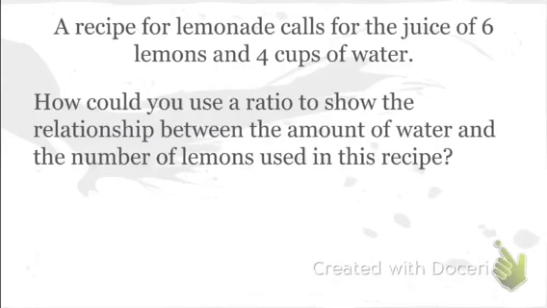So what did you get? You may have created a ratio, and I'm hoping you did, using some key numbers here. We have the juice of 6 lemons, 4 cups of water. So you could have said the ratio for this delicious lemonade is 6 to 4. Now, unlike past problems we've had, like the rings and the circles, they're all circles, blue circles, black circles.